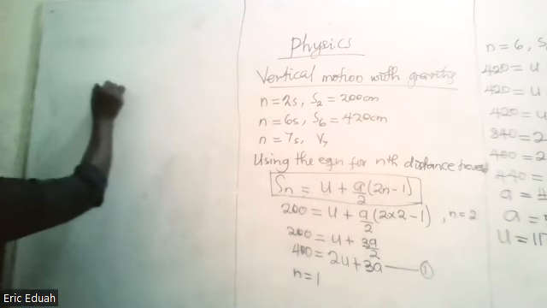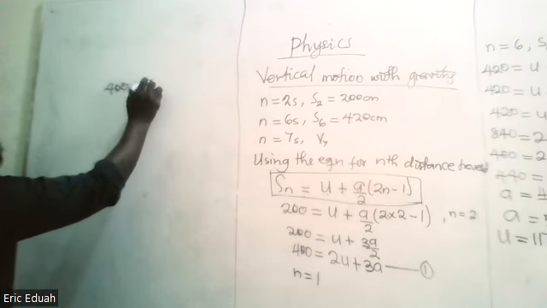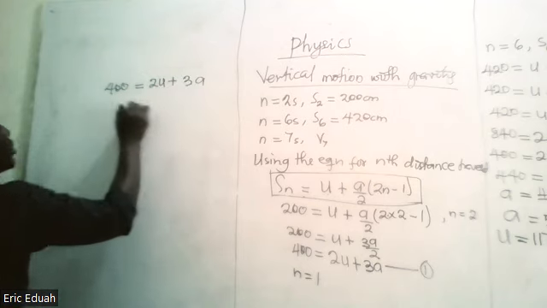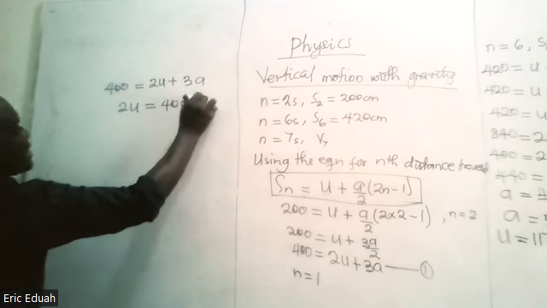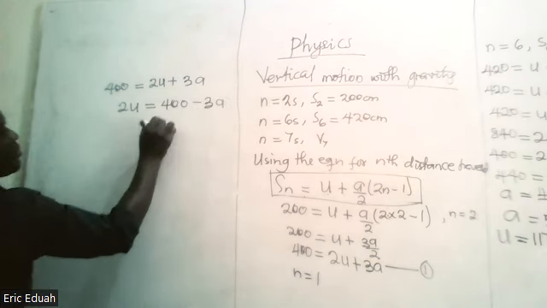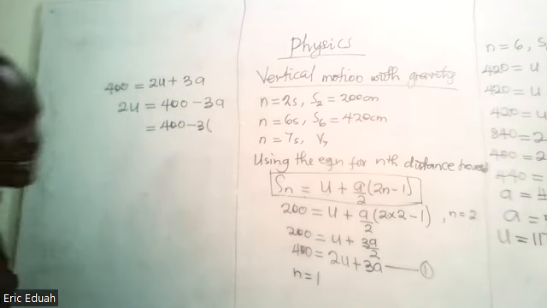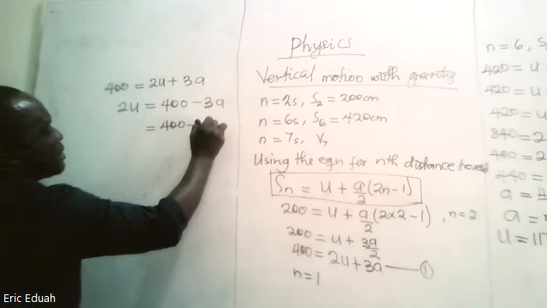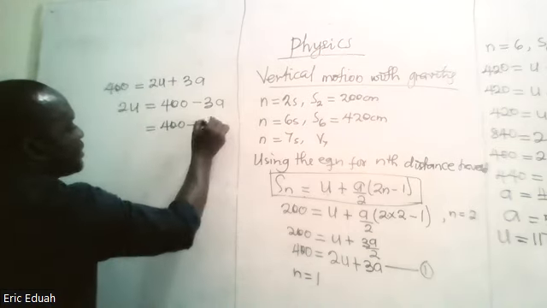If we use equation 1, 400 is equal to 2u plus 3a. So we have 2u equals 400 minus 3a. Acceleration is 55.